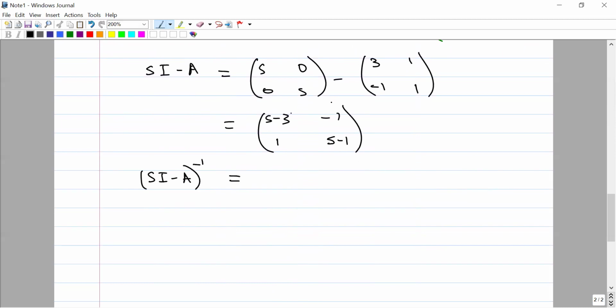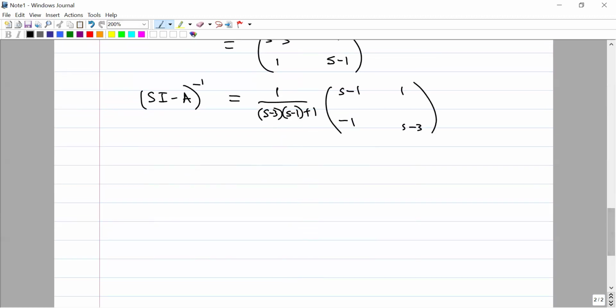The determinant here would be 1 over (s minus 3) times (s minus 1) plus 1. Then s minus 1 and s minus 3 exchange positions, and these ones change signs. And if you simplify that denominator, you will find that it gives you 1 over (s minus 2) squared.